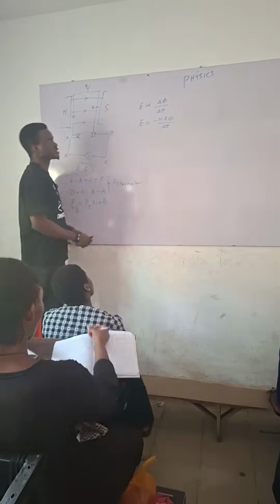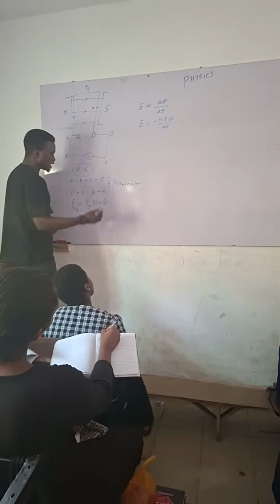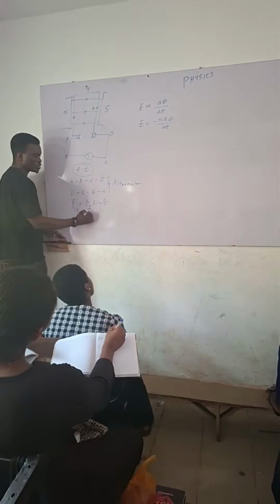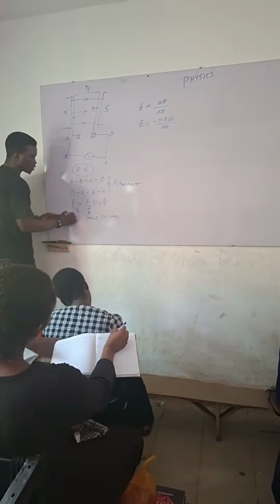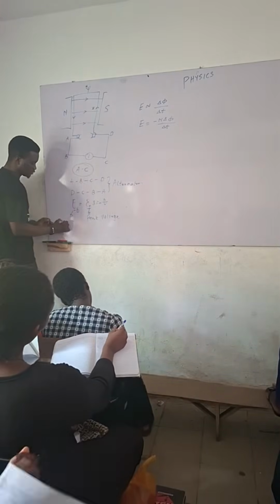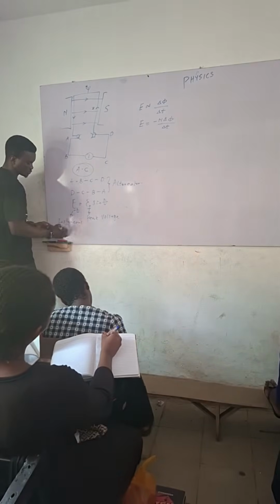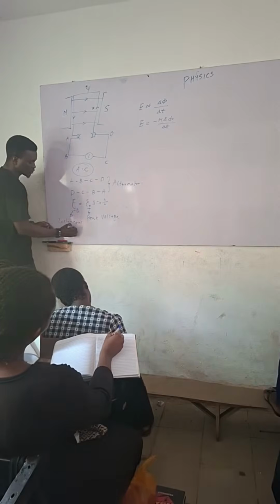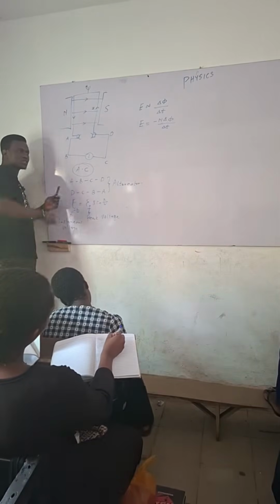So this E might not really be the maximum value. The E that is the maximum value is what we usually call the peak voltage. Then this one is usually called the instantaneous voltage. Instantaneous voltage is talking about the value of the EMF at a particular time.